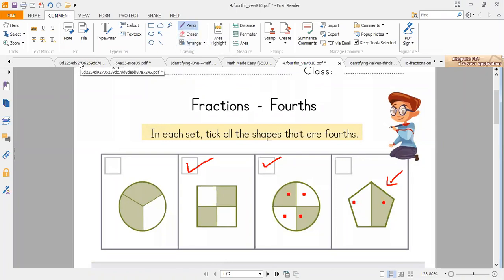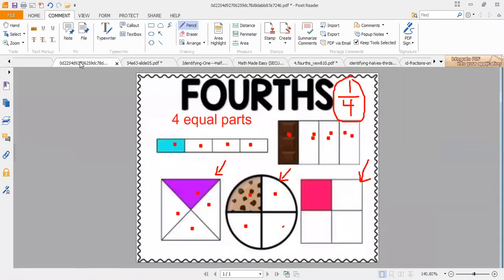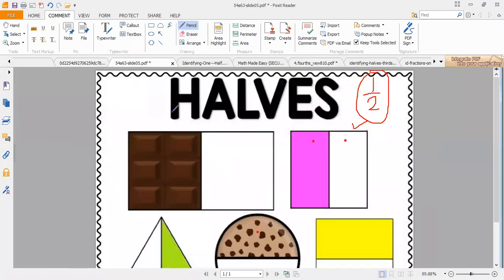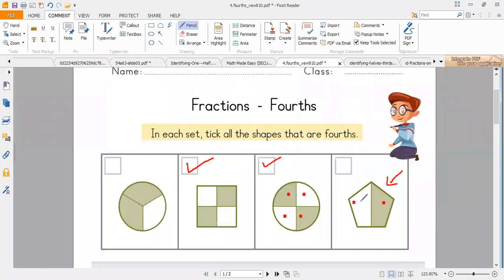Two equal parts, called what? Halves. Halves, not hala. Look at the screen. Halves. So this shape represents the halves, 2 equal parts.